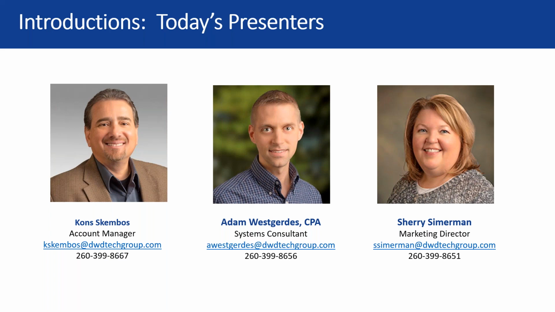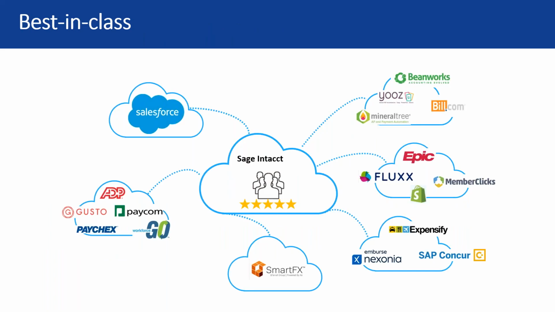And since this is a brief conversation here this morning, I want to not waste any time and dive right into our material. A lot of the organizations we work with are looking to make a digital transformation to a cloud solution, and Sage Intacct fits that. The beauty of it is it can integrate with hundreds of other third-party applications through the cloud. There are different types of integrations, whether it's a bi-directional API integration, a middleware type solution, or an export-import solution.